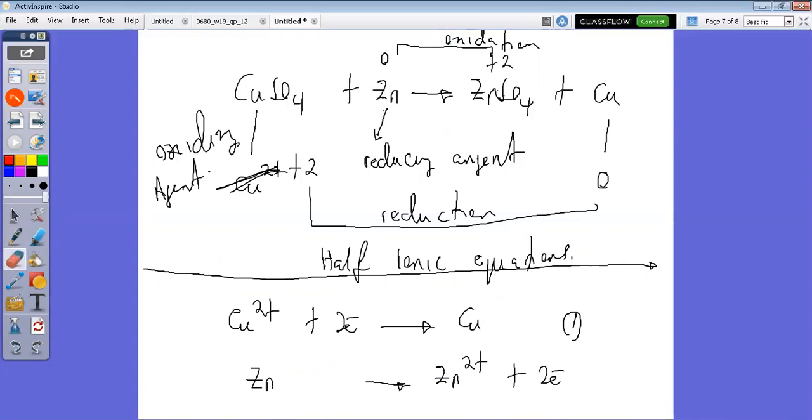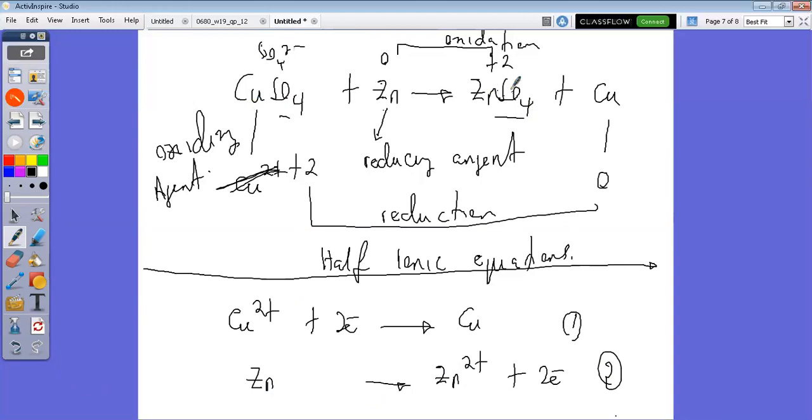So they write it like this. So zinc has lost 2 electrons to form zinc like that. So this is the second ionic equation. This now is what we call a spectator ion, because nothing is happening.